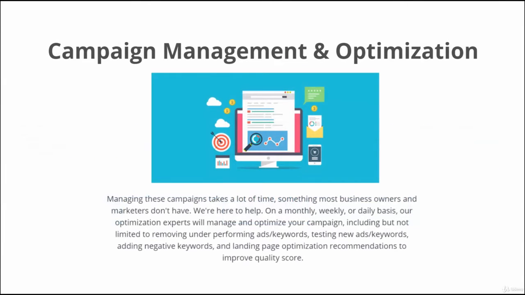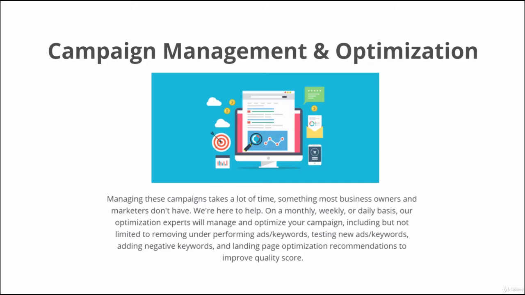Okay, and then the next step here is going over the campaign management and optimization. And so we want to let them know here that we're going to be managing the campaign, right? And continually optimizing and maximizing the campaign. And so you can mention here, like we have on the text, our team handles this on a daily, weekly basis where we're looking in there, we're looking at the data, we're looking to optimize and maximize as much as possible.